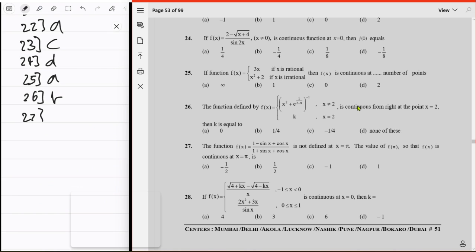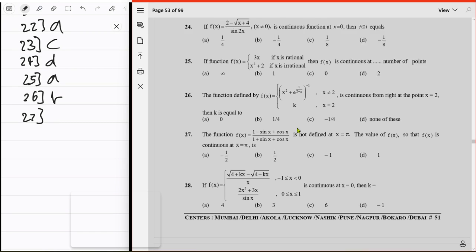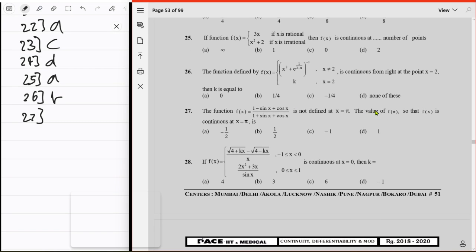Fine. 27. This function is not defined at x equal to pi. The value of f of pi, so that f of x is continuous at x equal to what? Okay, fine. So just put x is equal to pi plus h, right?